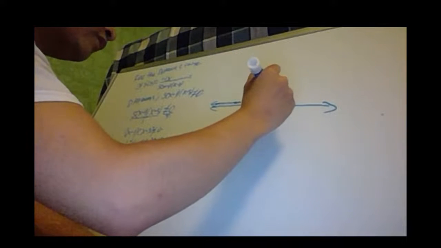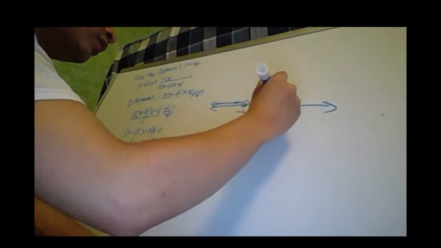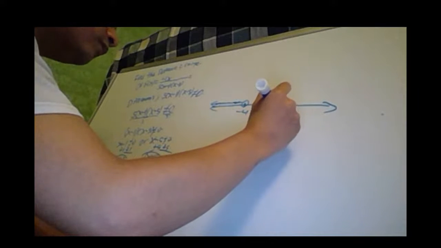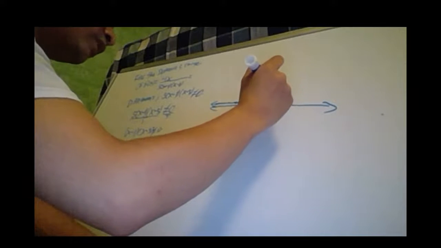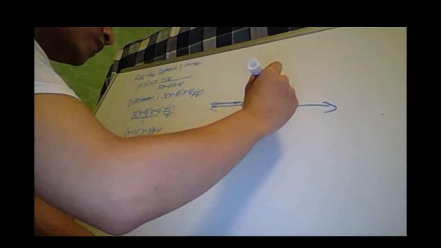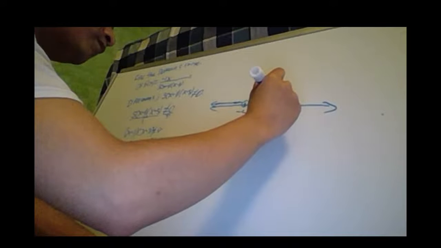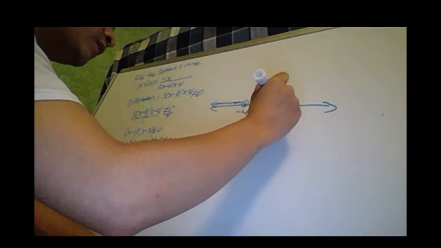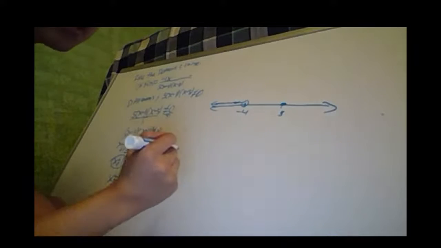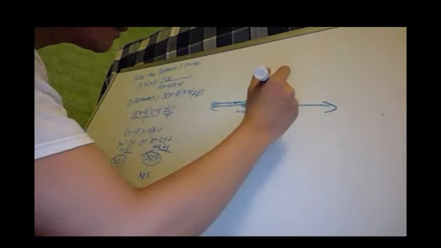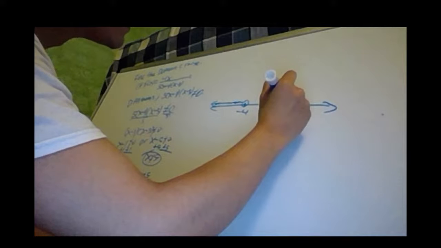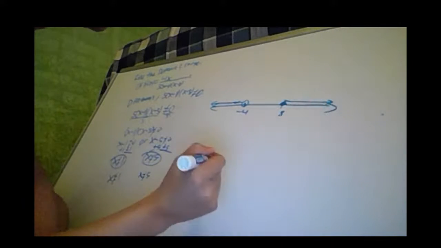But then we also have another one that's from 3, and we'll just say it's a closed circle or a dot right here. And this one is going from 3 to infinity, right?